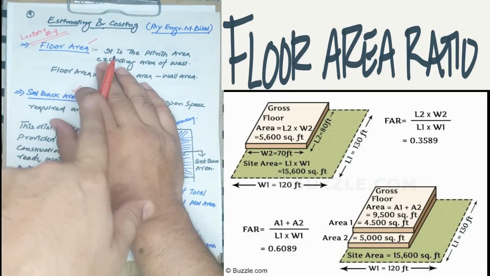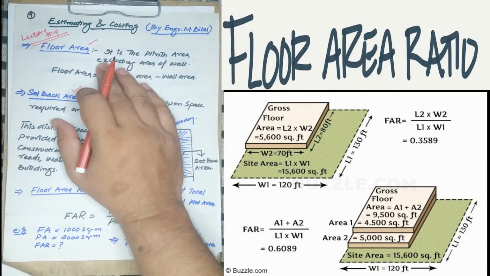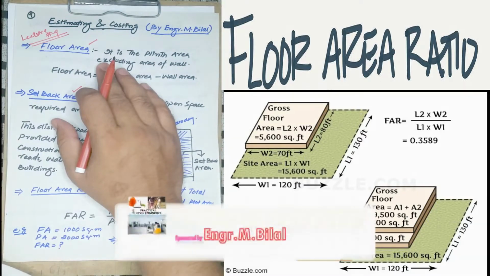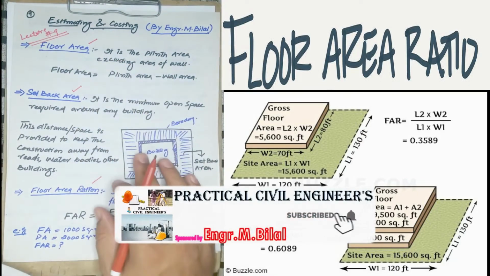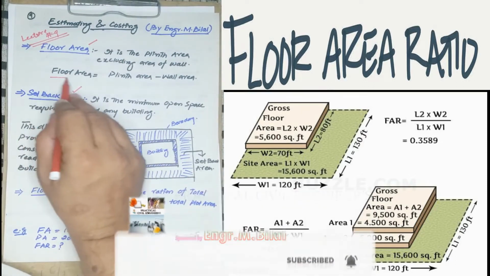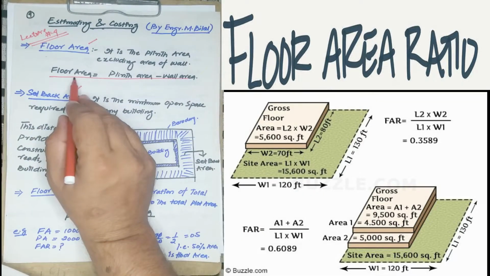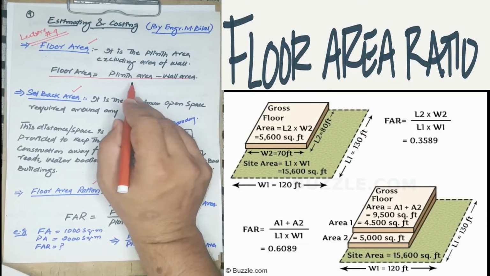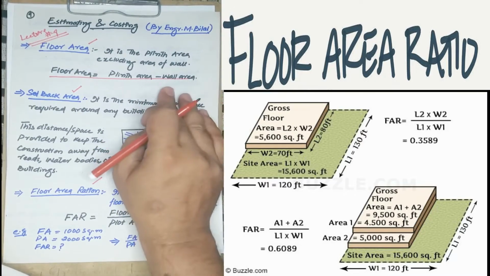Where we have the floor, that area is called floor area. The formula for floor area is: floor area equals plinth area minus wall area.